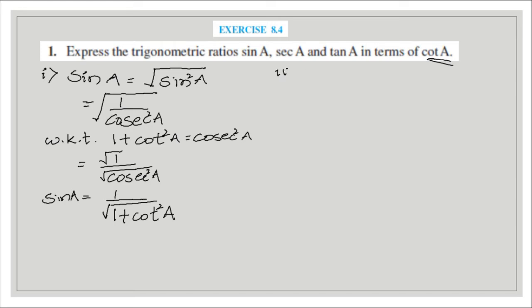Now the second question, we need to express secant A in terms of cot A. For doing so, I will write secant A as 1 upon cos A. Now I know that the ratio cos upon sin will be cot.